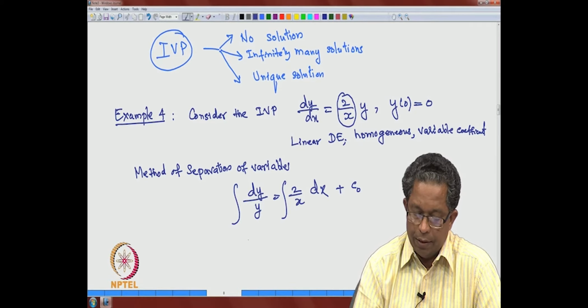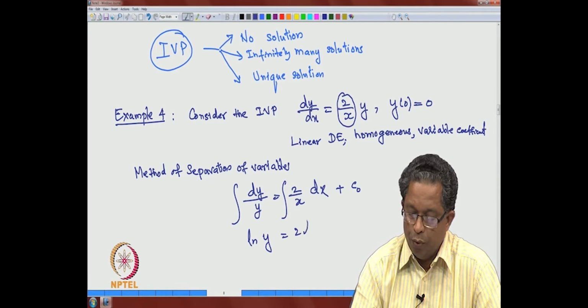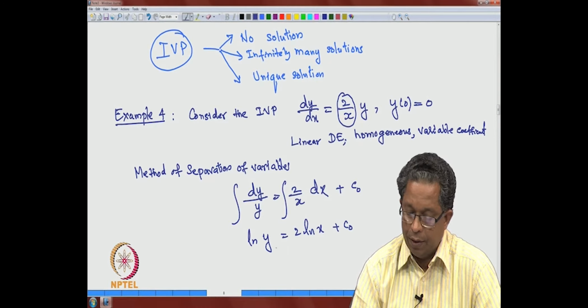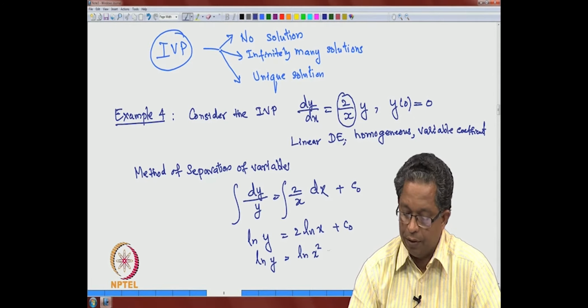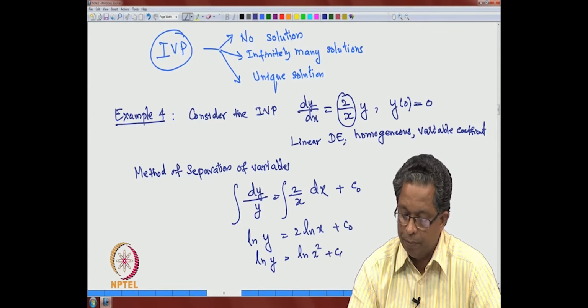So we can write ln of y is equal to 2 ln of x plus a constant C0, which is ln of y equals ln of x square plus C0.